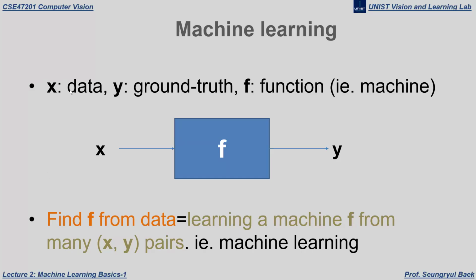Given input, we record that as data. We will normally record that as input X for the system F. This is the machine actually.